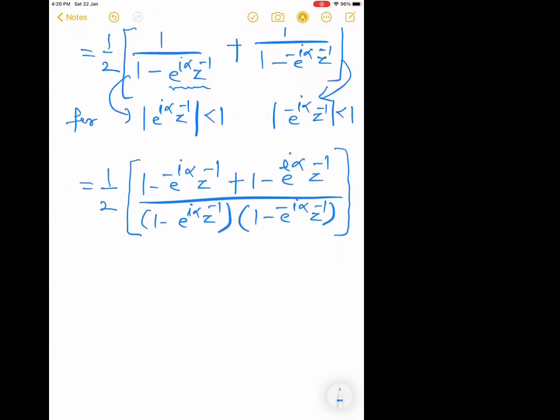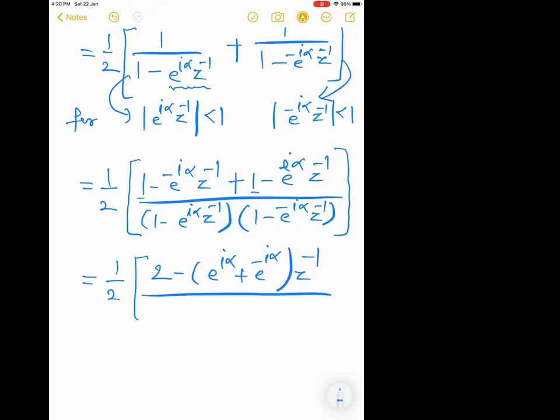Okay, and this will become therefore 1 plus 1 is 2 numerator, and remaining terms you can put as minus e raised to I alpha minus e raised to minus I alpha into z raised to minus 1, upon the denominator, which is the two brackets multiplication.